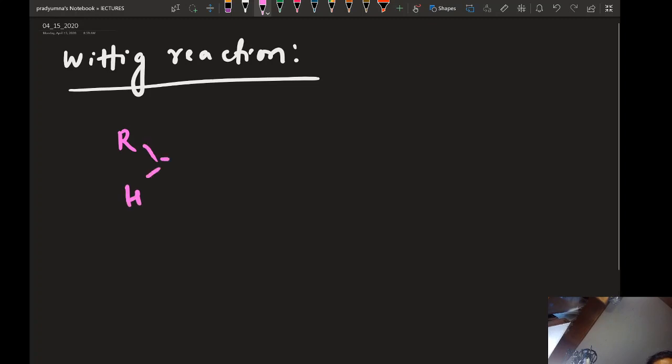So let's say we have an aldehyde, and this aldehyde will be reacting with a phosphonium halide. This is something new that you haven't heard before. These are compounds that look something like this.